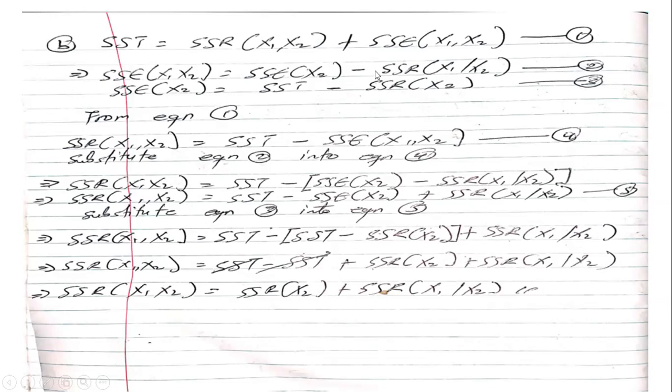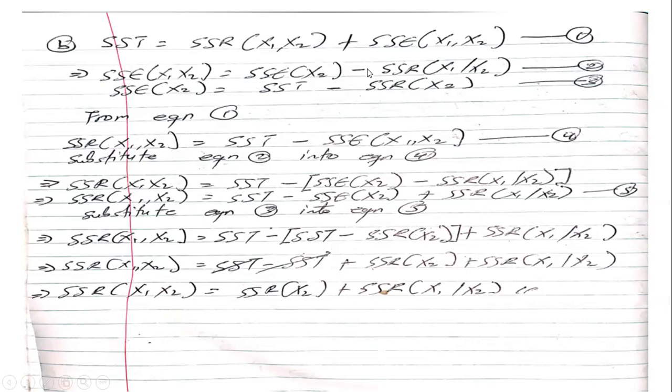From equation 1, I want to find SSR for all the regressions, which is what the question is trying to tell us to show. Making SSR the subject, SSR for S1, S2 is SST minus SSE for x1, x2. This will be my equation 4.